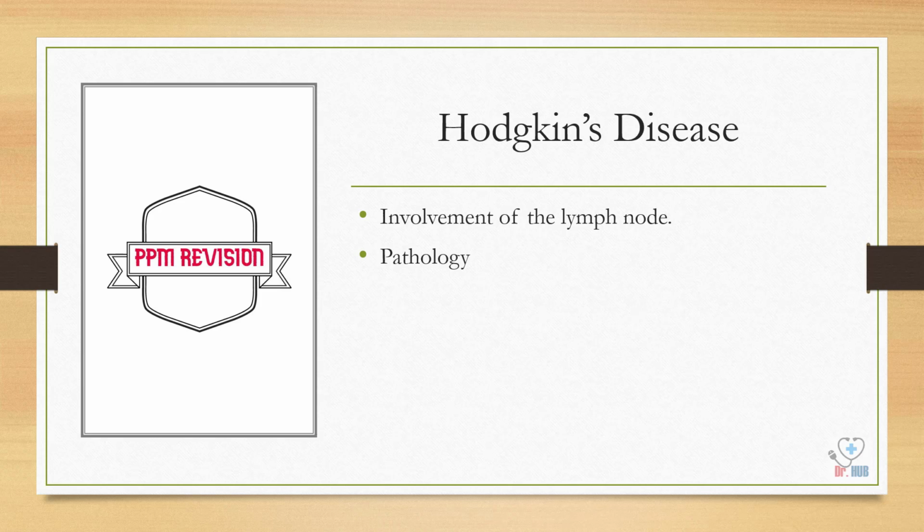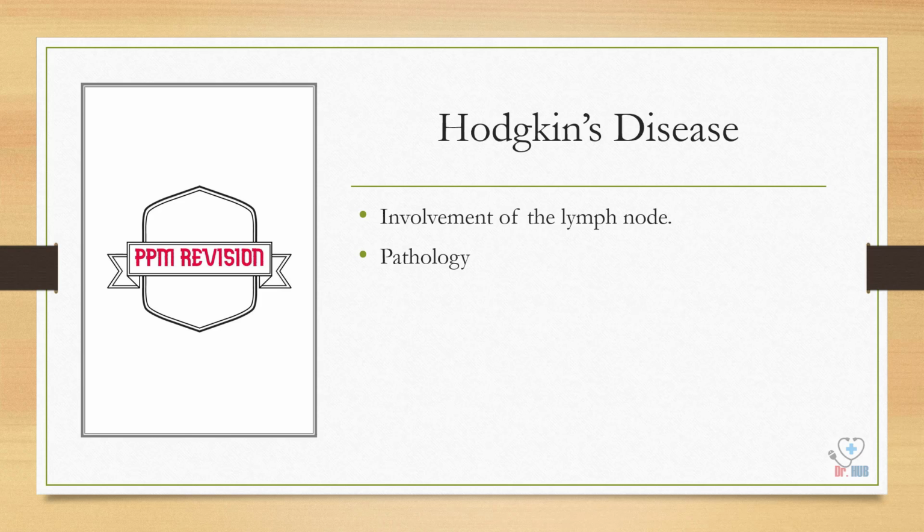Going on to the lacunar type, it is smaller and it has a lacuna, as the name suggests, a pericellular space, and this is formed due to shrinkage of the cell cytoplasm. This lacunar type is a feature of the nodular sclerosis variety of Hodgkin's disease.